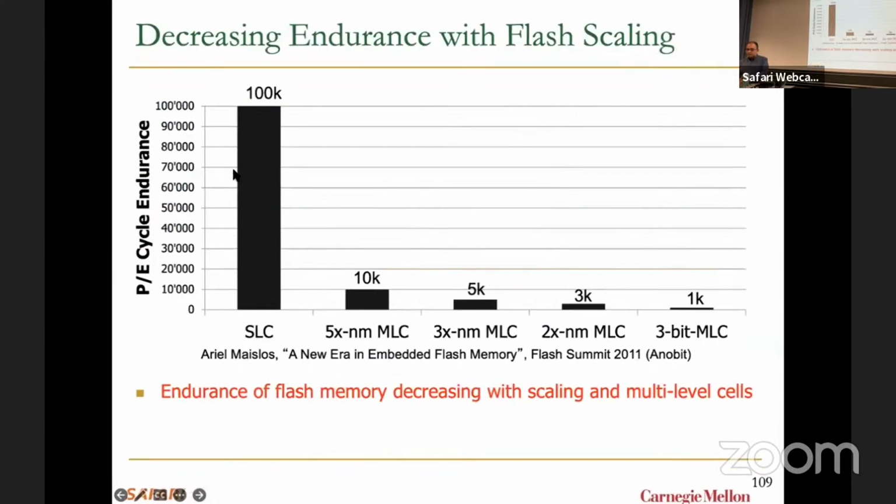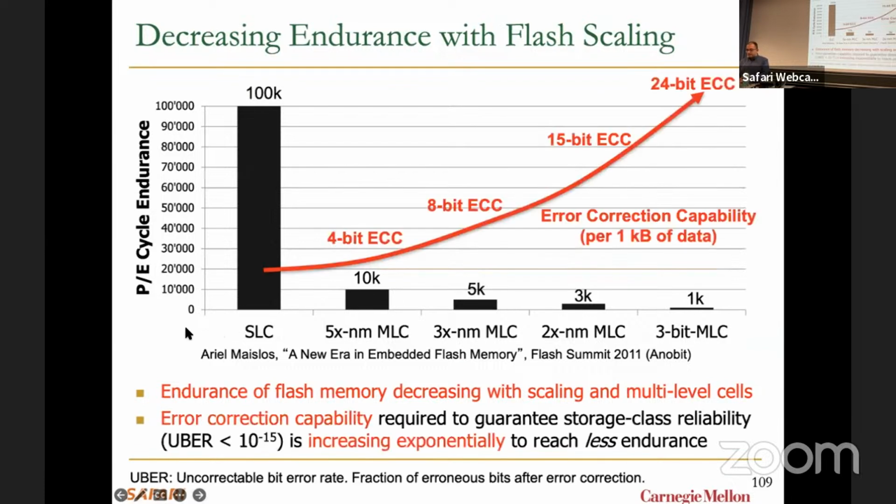And you can see decreasing endurance with flash scaling, as we also showed, and also with using MLC and TLC. Here we don't have TLC, but essentially your endurance is reducing when you use a lower technology node, and also when you use MLC as opposed to SLC.